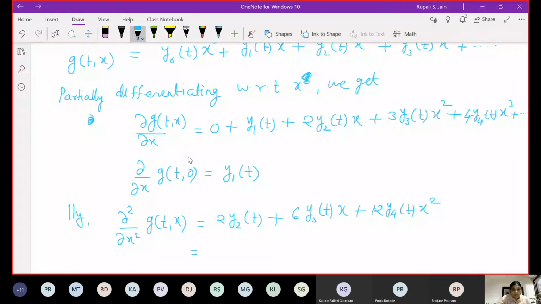So again, now I want to find y_2(t). So what should be my y_2(t)?